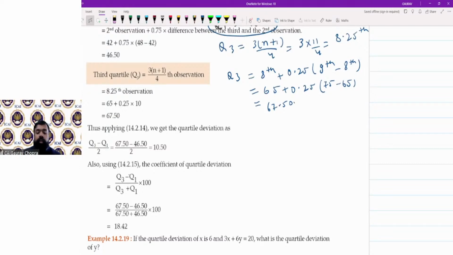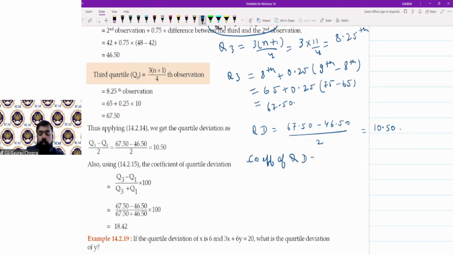Now, after these two calculations, we can calculate the quartile deviation. Q3 minus Q1 upon 2. So 21 by 2 gives us 10.5. So 10.5 is the quartile deviation. Also, we can calculate the coefficient of quartile deviation.